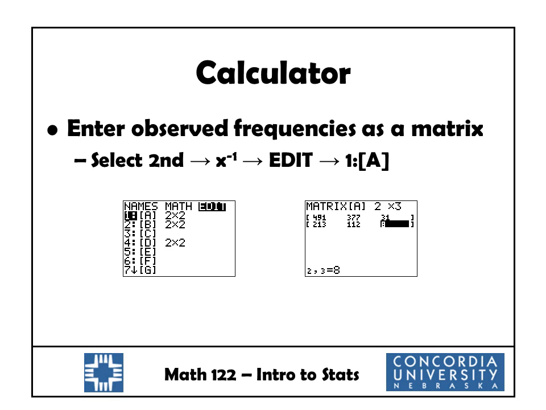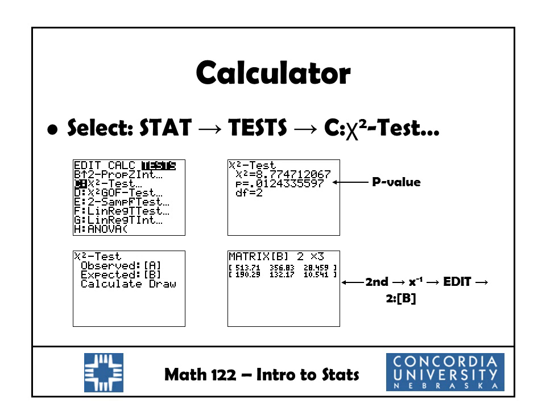Now once you've entered your matrix, select Stat, Tests, and then option C, chi-squared test. Now every calculator should have this option. Now don't confuse this with the chi-squared goodness of fit option. This is a different test. So you see that option there in the upper left-hand screenshot.